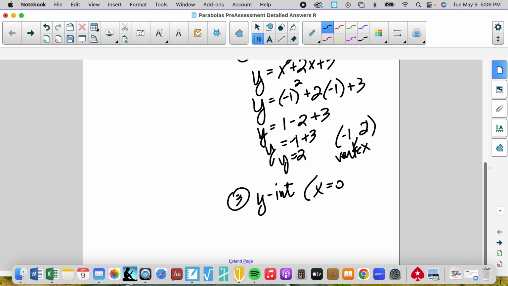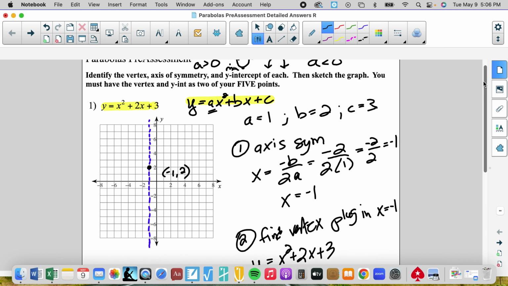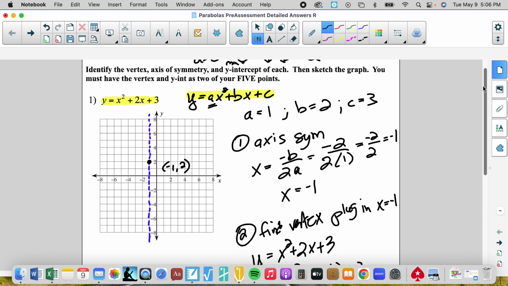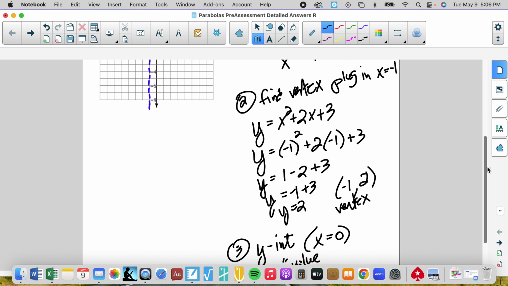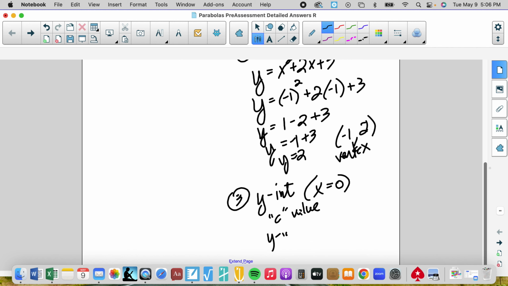One is we know in all y-intercepts, the x value will be 0. So we could plug it back into the formula and find out what y is. But even easier, we know that the y-intercept is always going to be my c value in standard form. So my c value is 3, so my y-intercept is equal to 3.